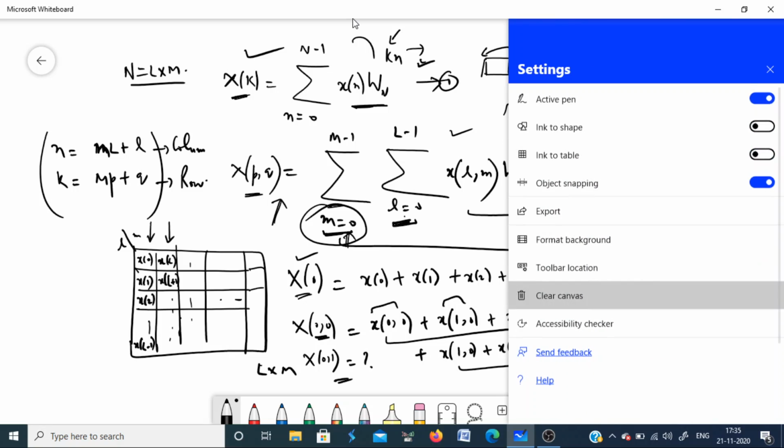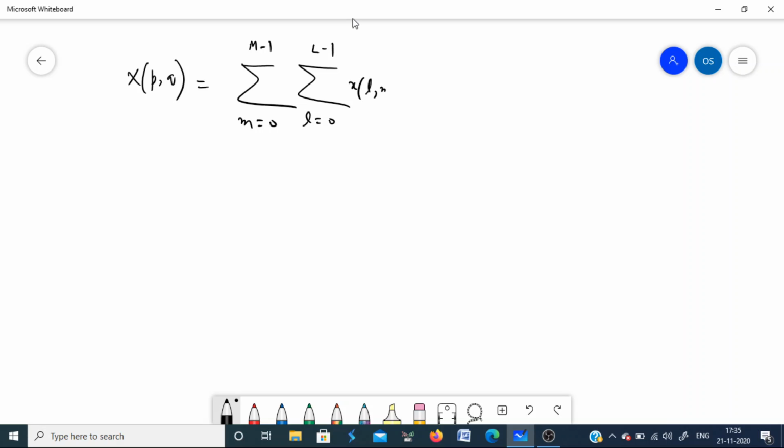So if I expand this equation, I have x of p,q equal to the summation over m from 0 to M minus 1, l from 0 to L minus 1, of x of lm, times wn to the power of (mp plus q) into (ml plus l). Okay, and if I expand this factor wn, you will get 4 terms.